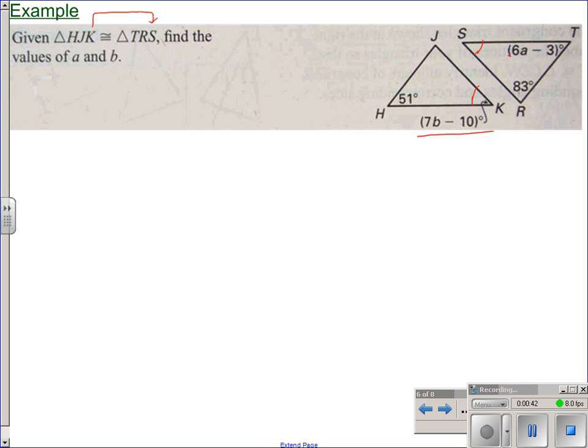So now I'm going to go to angle A. Where the A is, that's with angle T. T is first, so it's going to have to correspond to H. Nice, I know what H is.